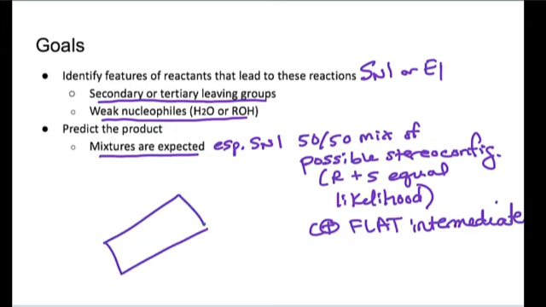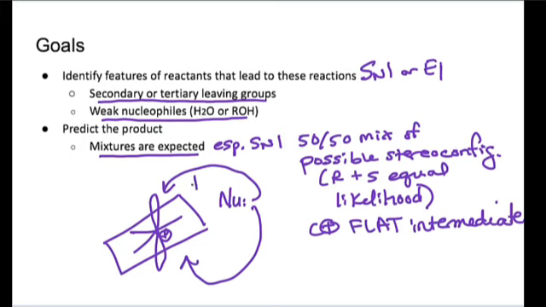You think about what a carbocation looks like, as a flat species. So that's a carbocation in the plane of the paper. You've got an empty p orbital coming in and out of that plane. The incoming nucleophile can approach from either the top face or bottom face with equal likelihood.